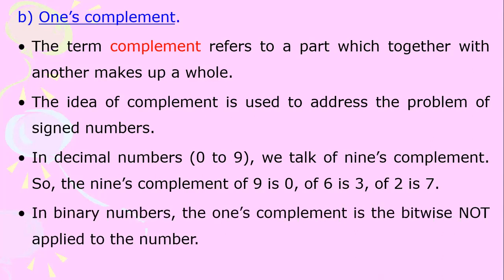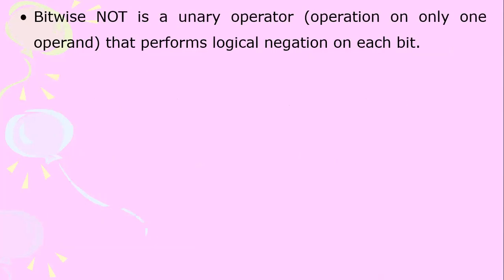In binary numbers, the one's complement is the bitwise not applied to the number. I know you are asking yourself, what do I mean by bitwise not? Bitwise not is a unary operator, that is an operation on only one operand, that performs logical negation on each bit.